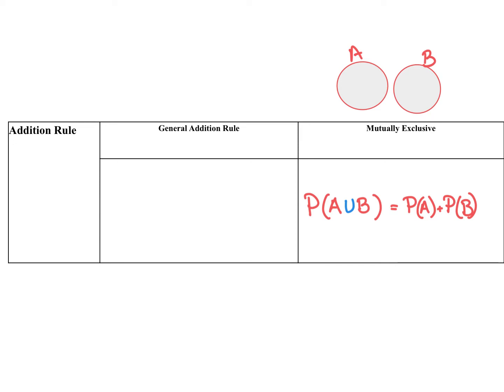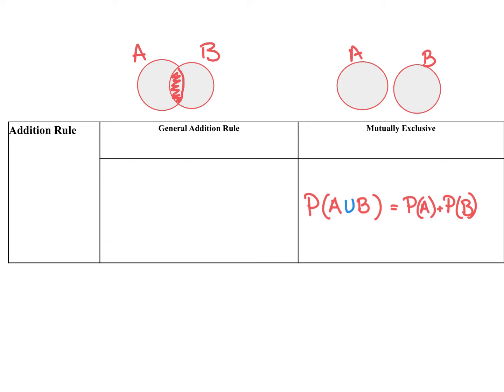Now, let's go to the general addition rule because it's more likely that if we have 2 events, they overlap one another. So you have this common region here in the middle that if you just add your 2 events, you're going to end up double counting.